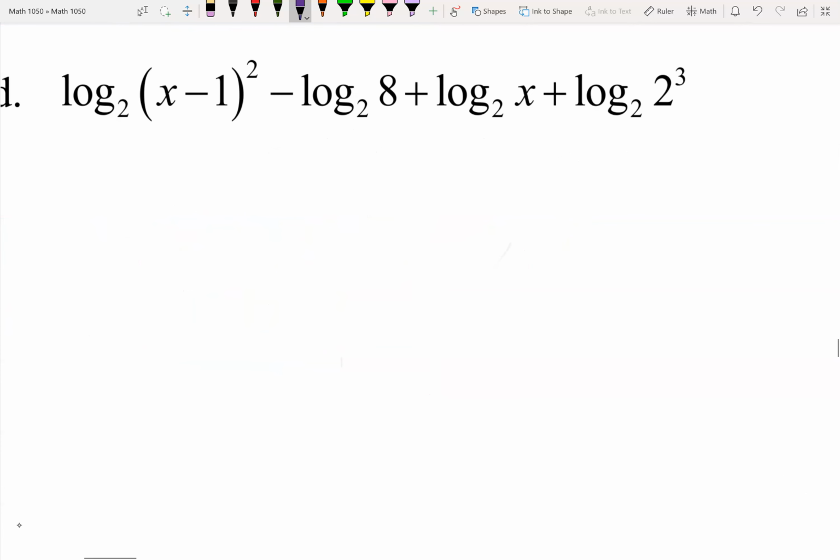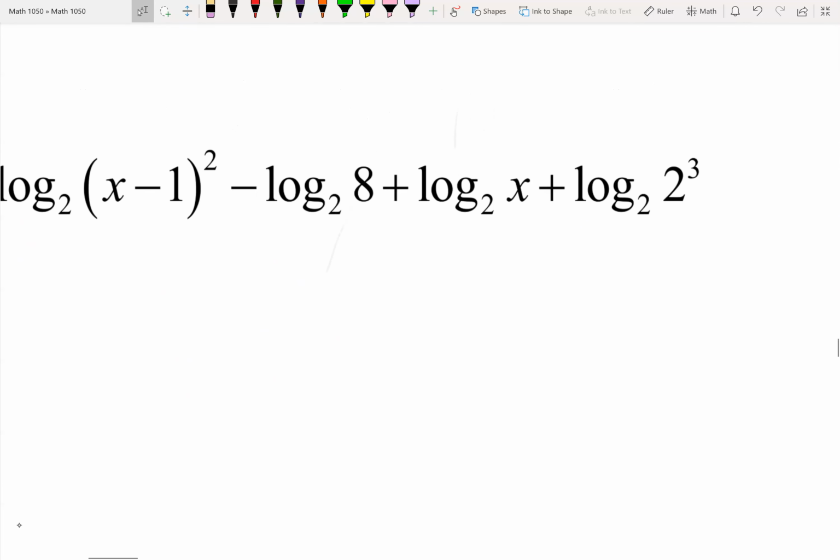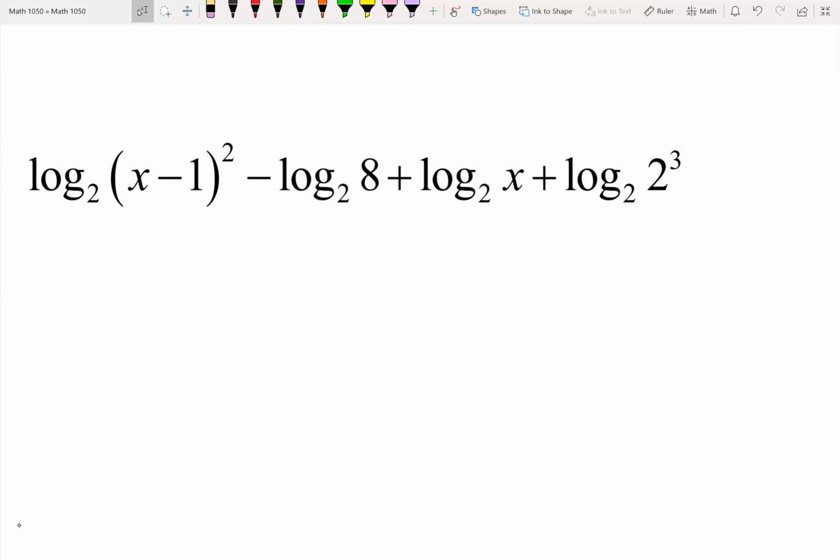Just know the rule. Okay, here we go. Condense it. Look, guys, look right here. This is important. Look at this log base 2 of 8. Since the 8 is not a variable, like if it were log base 2 of x, I wouldn't be saying this to you. But since it's a number, they're trying to get me to write it as log base 2 of 2 to the third. If this were a 7, could it be possible to write that as log base 2 of 2?